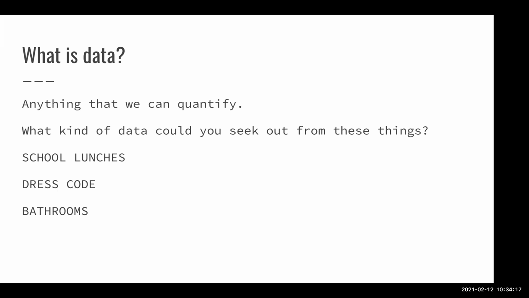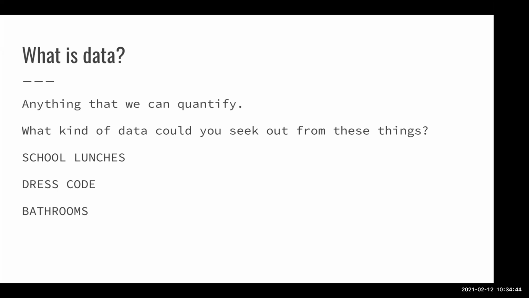Another thing like dress code might be looking at policies and seeing how they've changed throughout the years, or surveying boys and girls and seeing how many times they've gotten written up for dress code violations on the whole. Another story maybe about bathrooms would be, I don't know about y'all, but when I was in school, we had like 3 minutes to go to the bathroom.